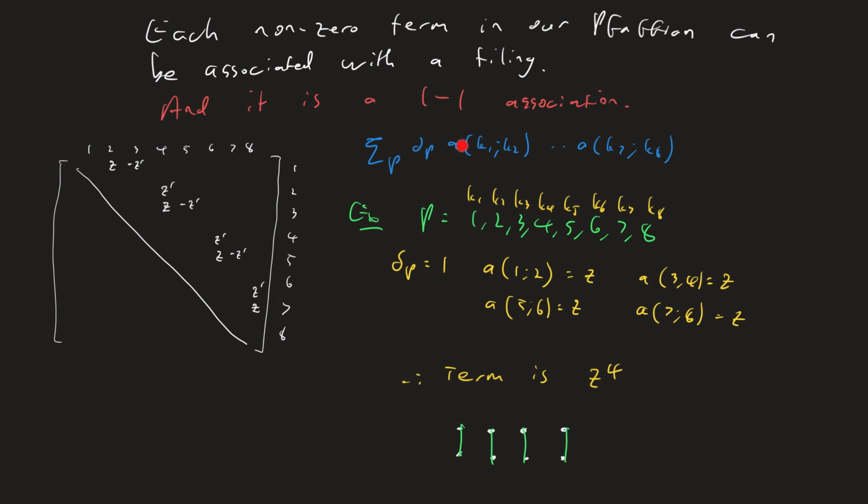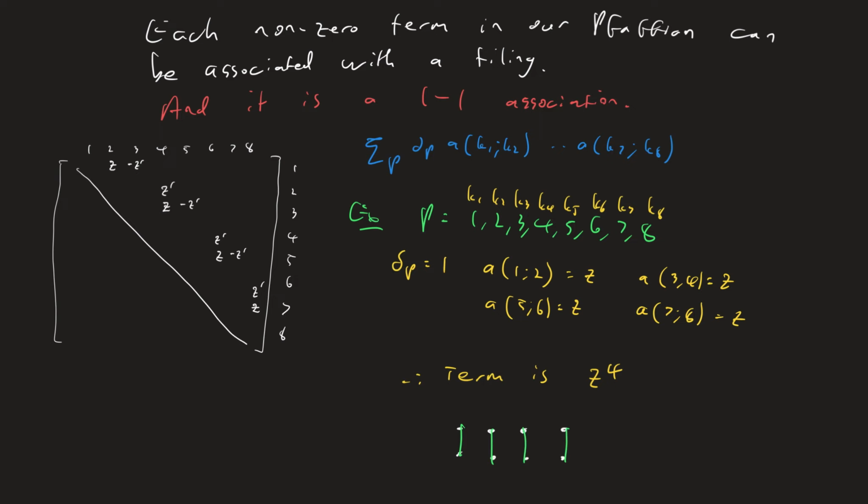So this term in here, corresponding to this permutation, equivalently to this tiling, gives us z to the power of 4. What this tells us is that this particular permutation corresponds to a valid tiling, because this is non-zero, and moreover, that this valid tiling uses 4 vertical tiles, because z represents vertical tiles and we need 4 vertical tiles, and 0 horizontal tiles, because there's no z prime term here.